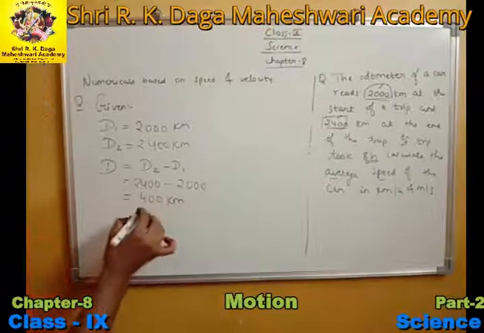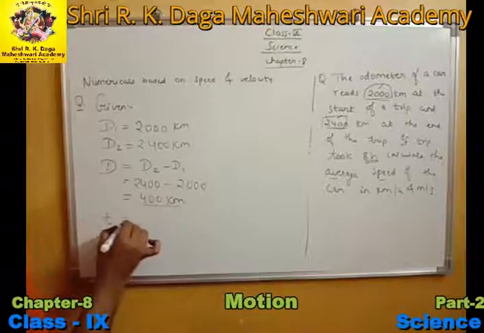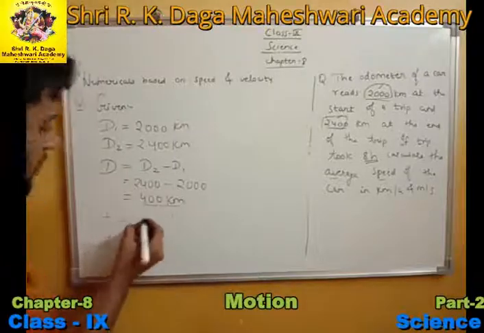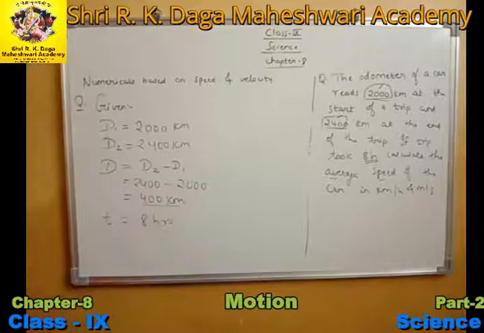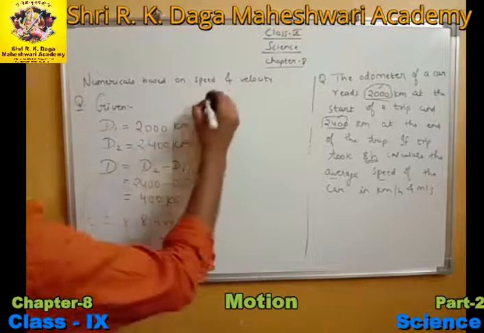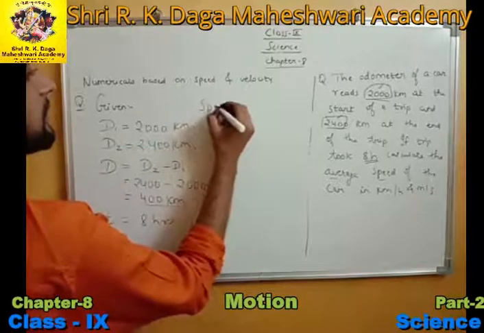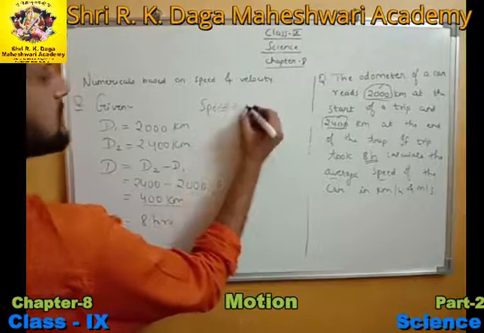And the time taken by the car to cover this distance is 8 hours. We know the formula for speed: speed is equal to distance upon time.